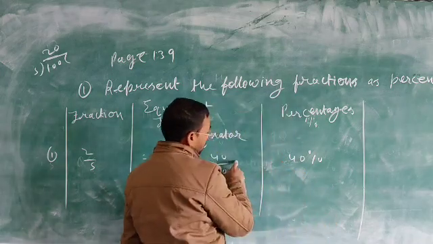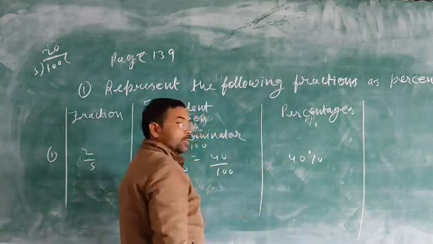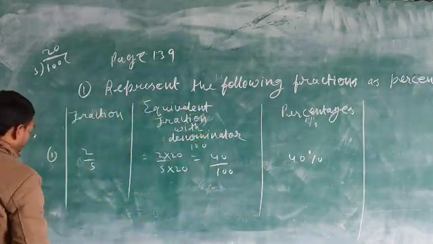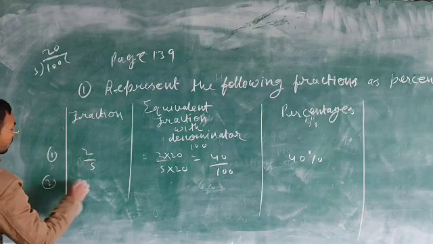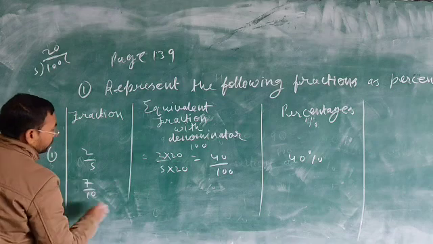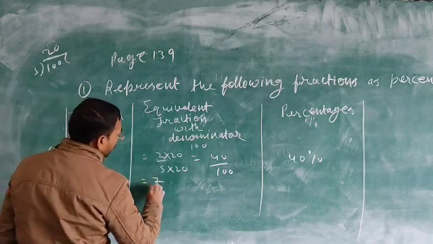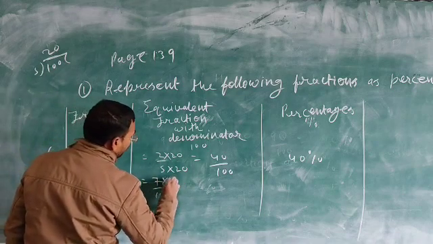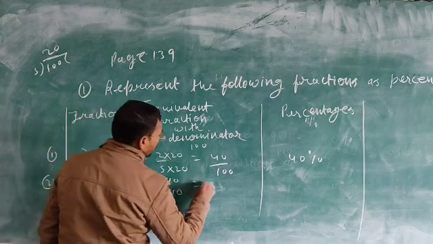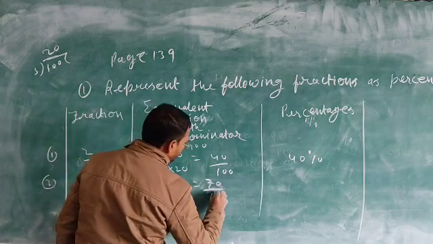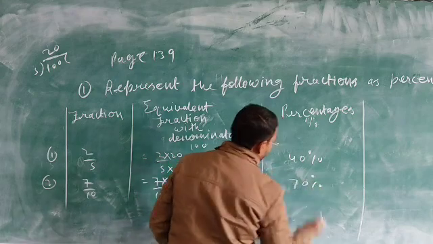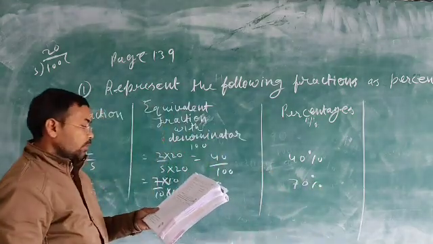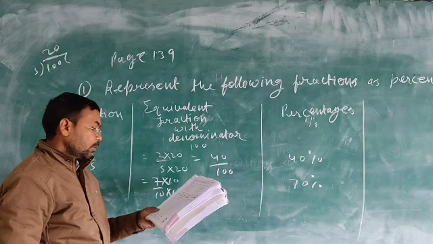Or I can multiply this fraction by 100, it will become 40%. And the second, 7 by 10. So 7 by 10 should be multiplied by 10, that is 70 by 100. This becomes 70%. And all the questions are the same type, you can do them by yourself.